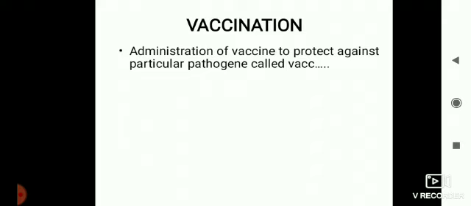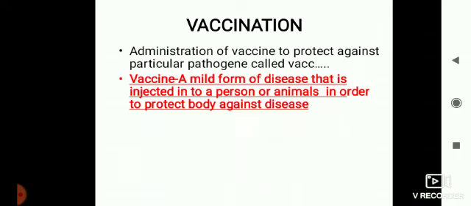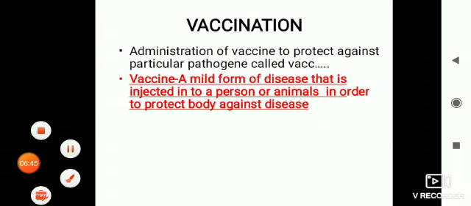Now you know that for coronavirus, the person will be vaccinated. What is vaccine? Vaccine is a mild form of disease that is injected into persons or animals in order to protect the body against disease.